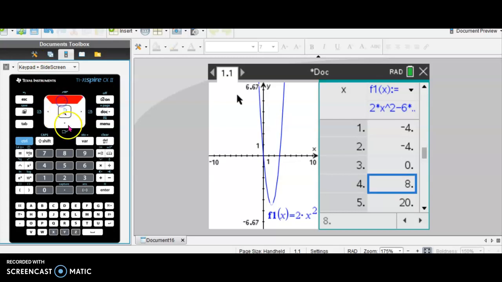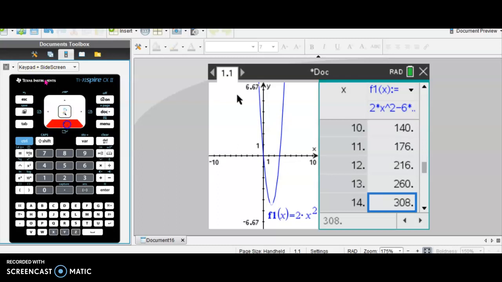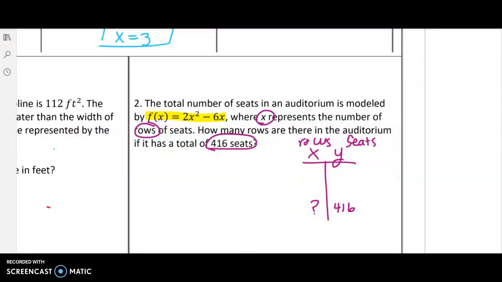So if there are 4 rows, there are 8 seats total. There are 5 rows, there are 20 seats, etc. So now we're going down until we see 416 seats. There we go. So it takes 16 rows to have that many seats. Okay, 16 rows will give us 416 seats.